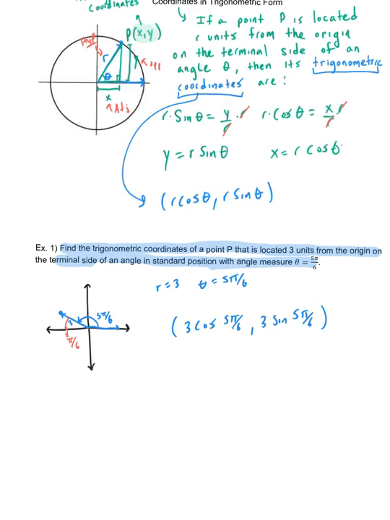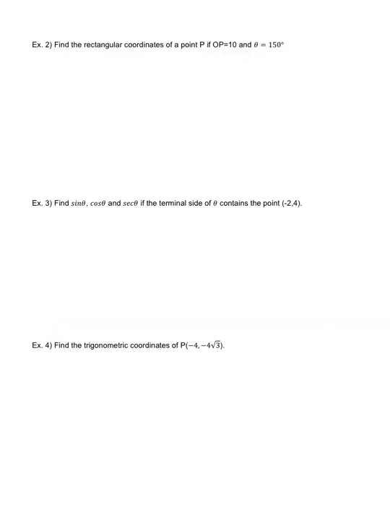Another example you might see is something asking you to find the rectangular coordinates of a point when you're given the distance from the origin to that point, that's what OP means, and the angle itself. So again, we'll sketch out a quick xy coordinate plane for ourselves. Sketch in our angle, which is 150 degrees.